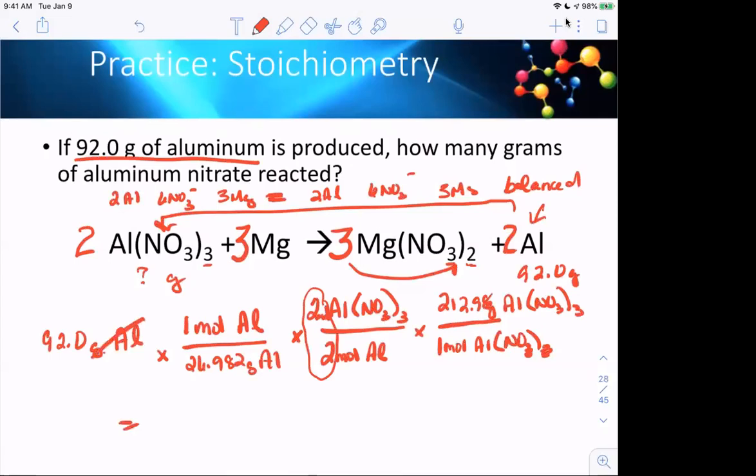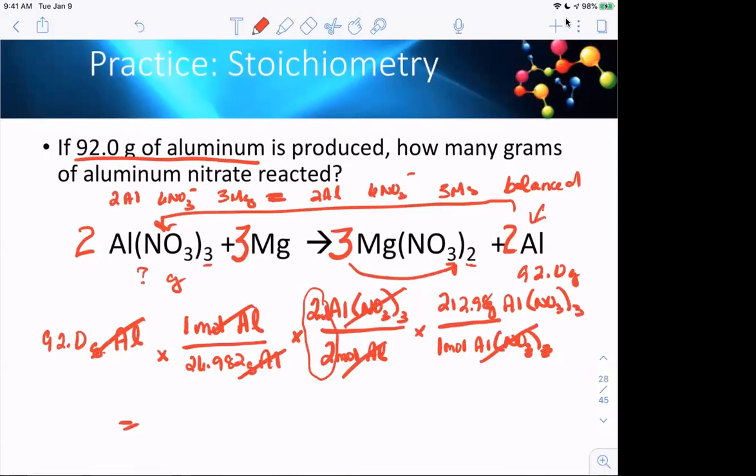So let's do this. Grams of aluminum cancel with grams of aluminum. Moles of aluminum cancel with moles of aluminum. Moles of aluminum nitrate cancel with moles of aluminum nitrate. Now I don't actually have to put this 2/2 in my calculator. So I can just take 92 times 212.98, enter, and then divide this by 26.98.